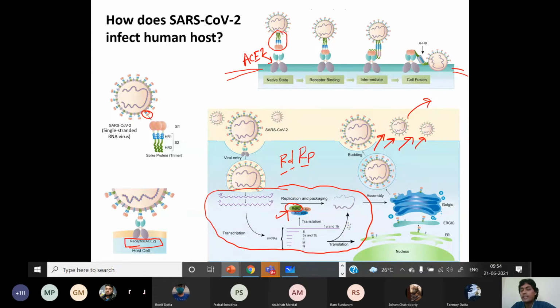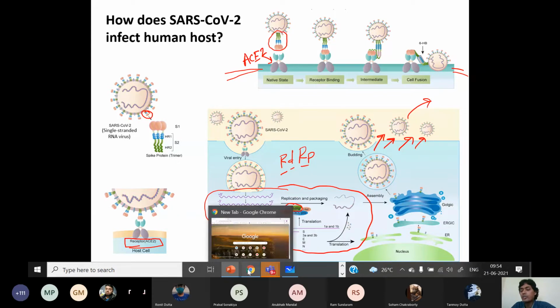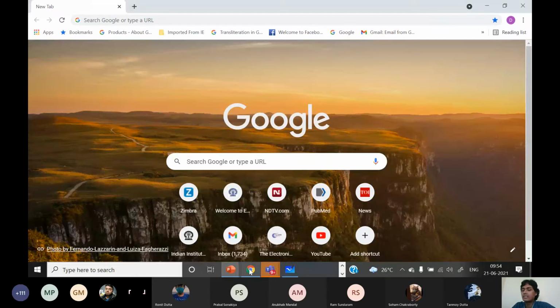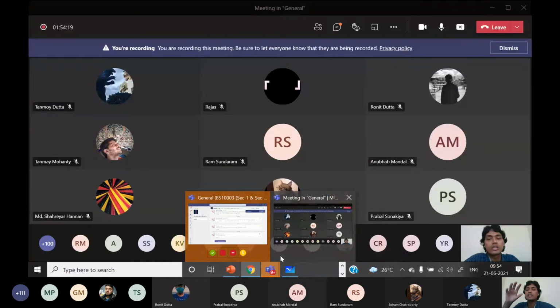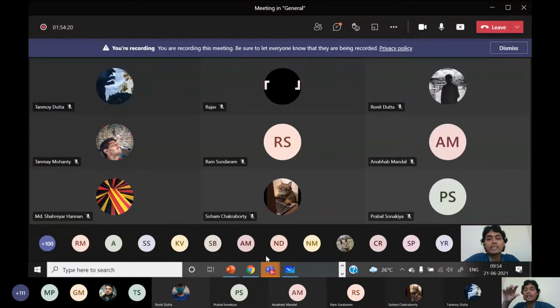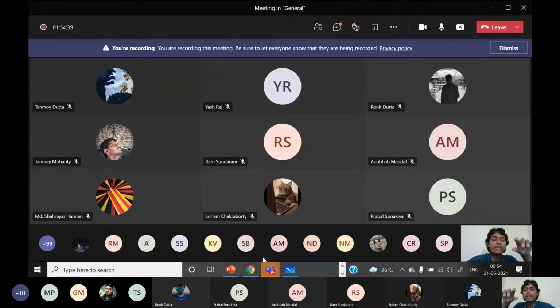Again, I would like to say almost all viruses, for example measles virus and many others, their policy is the same. If you ask what is the function of the ACE2 receptor, ACE2 has a different physiological function in our body. It plays some other role that is required for us.